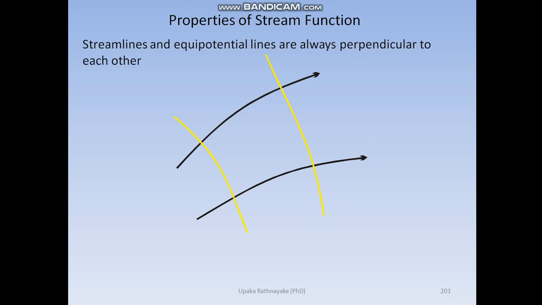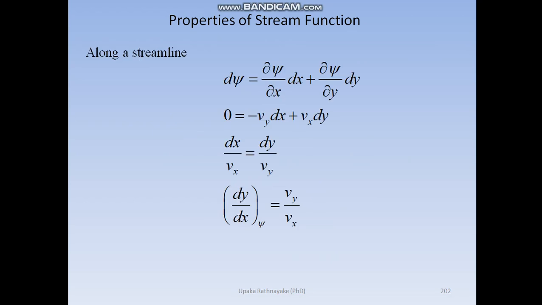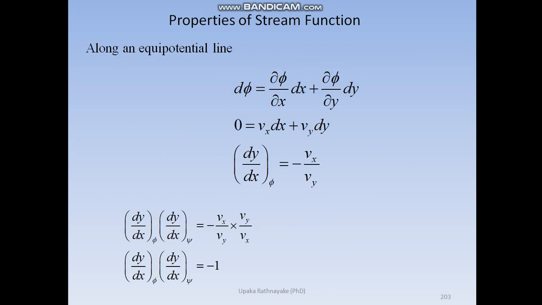If we consider the total derivatives of a streamline and an equipotential line, we can prove that they intersect each other perpendicularly. The multiplication of the inclination of a streamline and an equipotential line gives us minus 1. That means it is mathematically proved that they are perpendicular to each other.